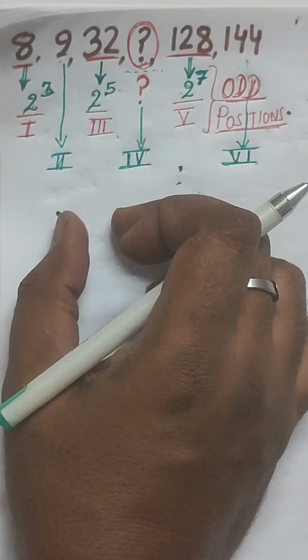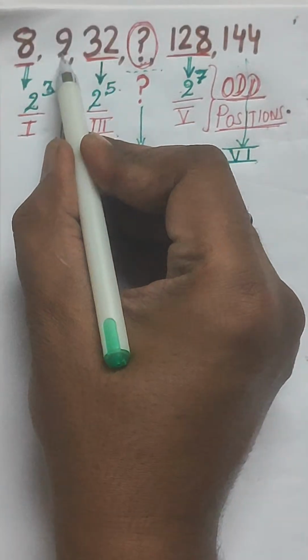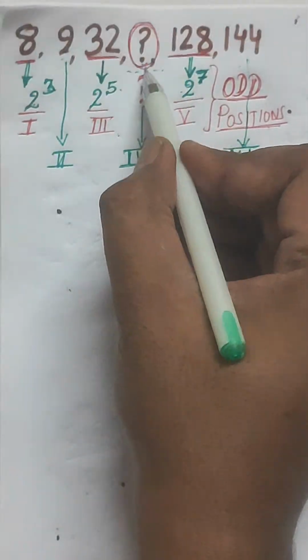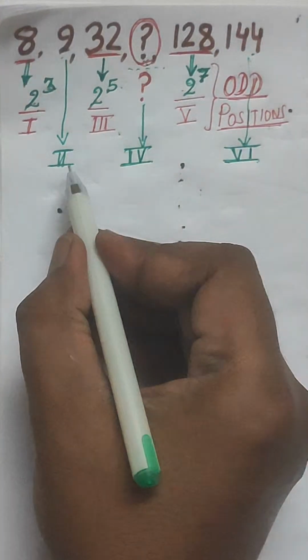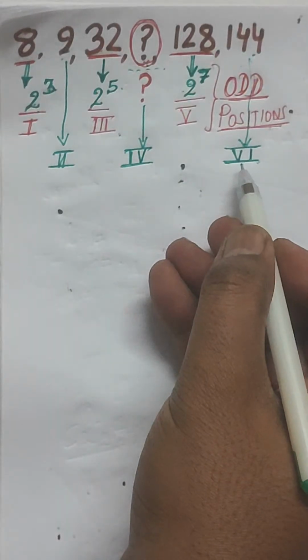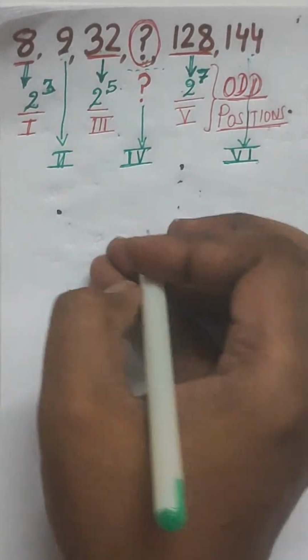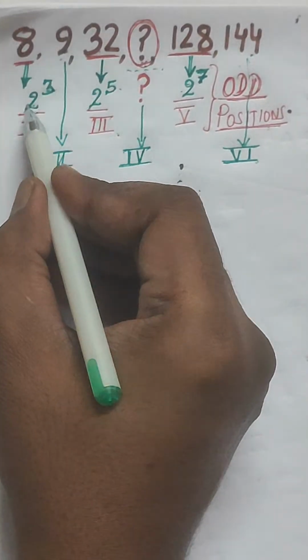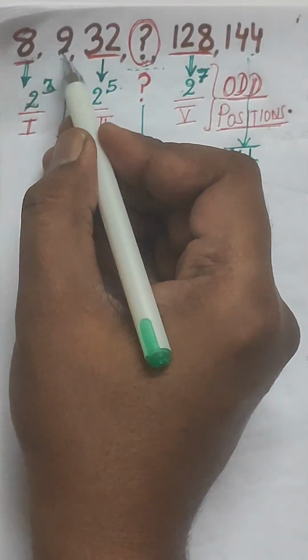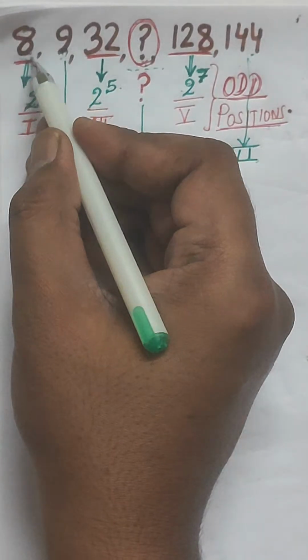Here you can see 9, the question mark, and 144. These are the even positions 2, 4 and 6. For 9, its predecessor, the term before 9, is 8.